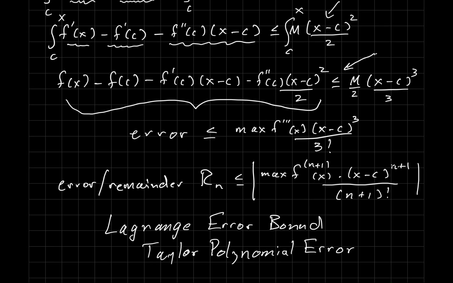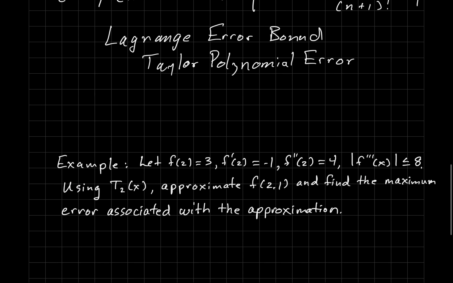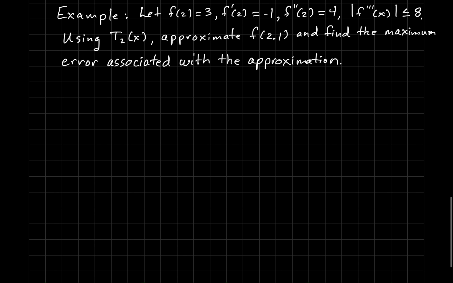Let's do one simple example of this. Suppose I know that f of 2 is 3, f prime of 2 is -1, f double prime of 2 is 4, and that the third derivative is bounded by 8. Using our second degree polynomial to approximate f, let's approximate f at 2.1 and find the maximum error associated with that approximation.